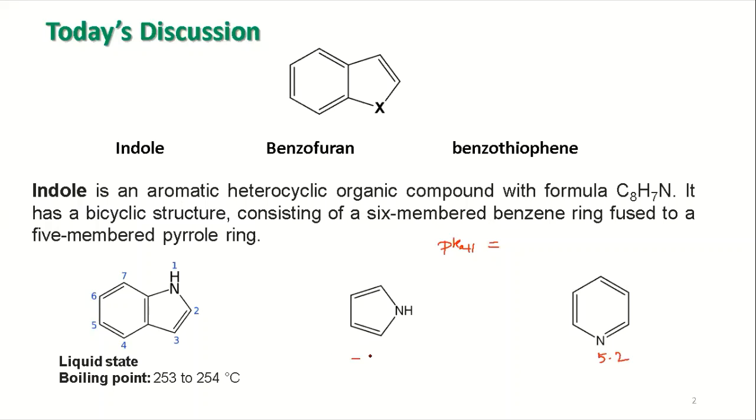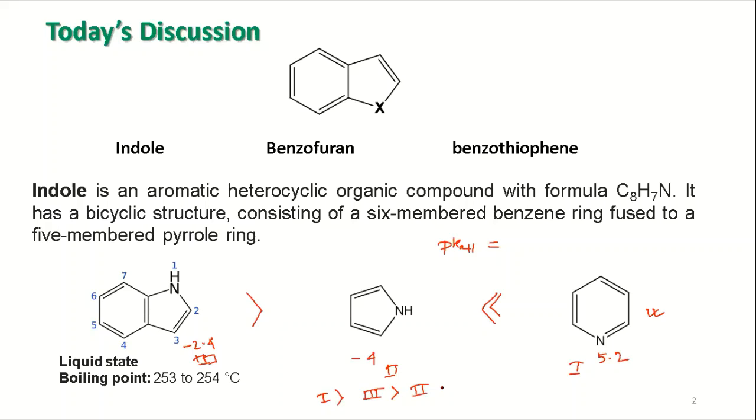The pyrrole is around -4 nearby, and indole is around -2.4. Now from here it is clear that this is the most basic. If I put this as 1, this as 2 and this as 3, the order is going to be 1 is the most basic, then you have 3, then you have 2.